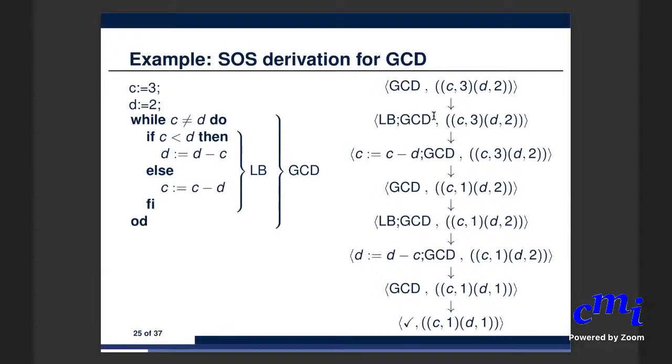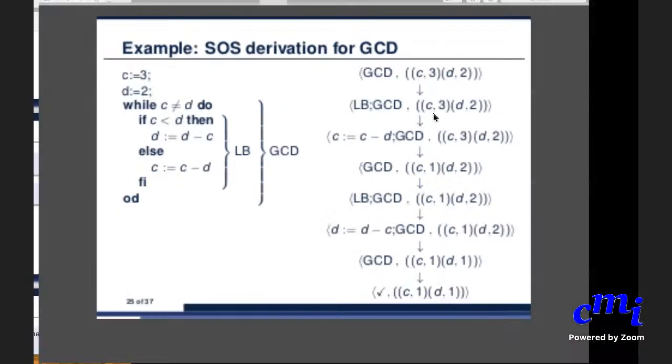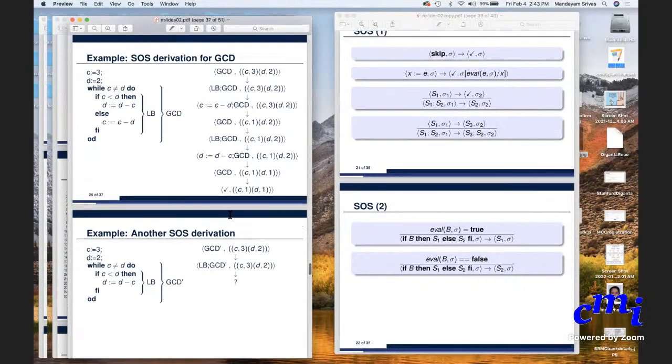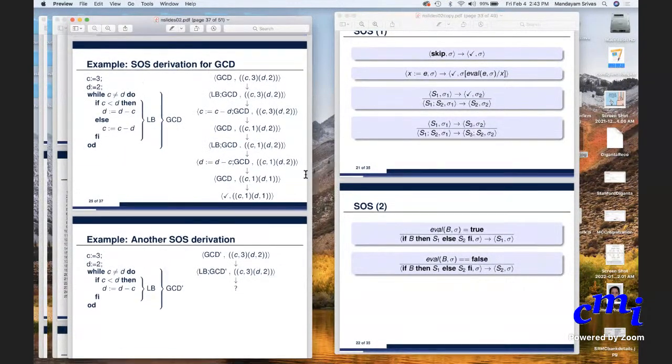I hope this is big enough for you to read, because I want to refer to which inference rule is applicable. GCD is a program that starts with a while construct at the top.